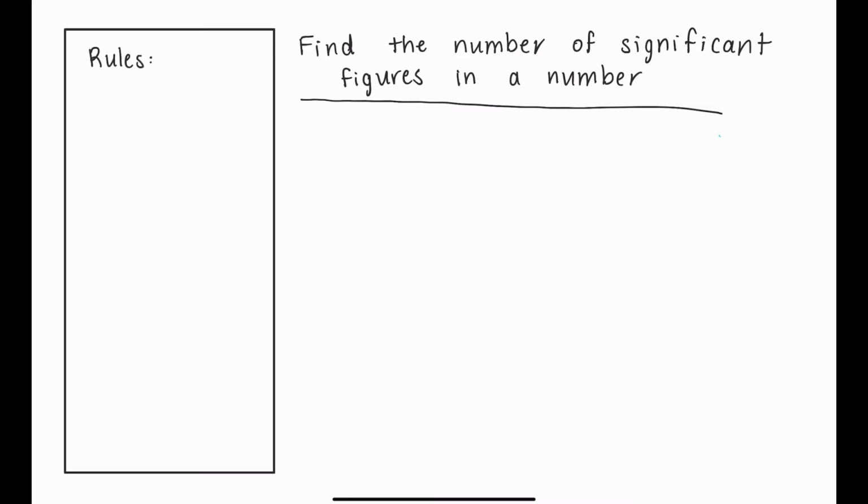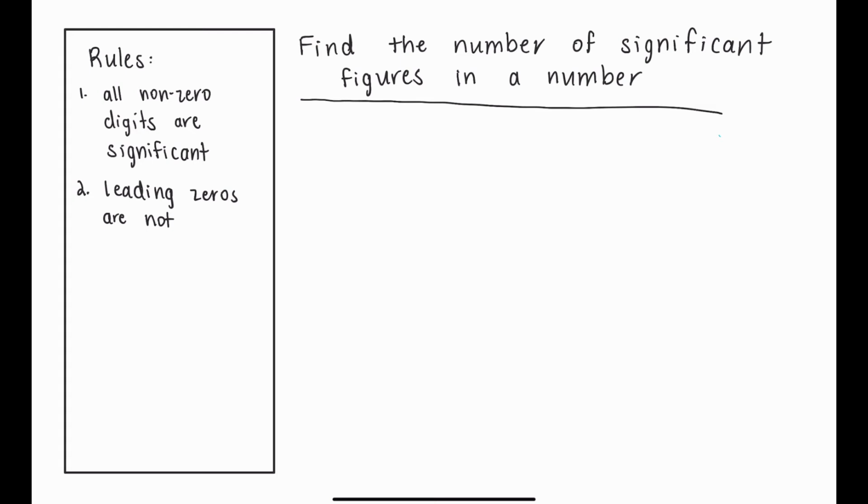Now here are the rules that we're going to follow. 1. All non-zero digits are significant. Number 2, leading zeros are not significant. 3, embedded zeros are significant.